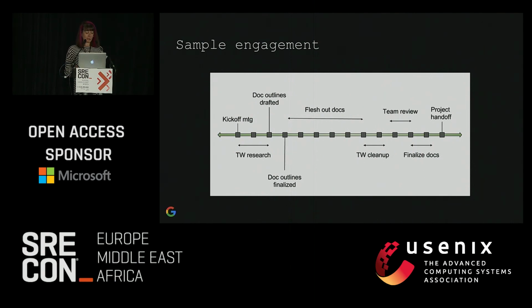Then there's the actual writing of the docs, and that's usually a collaboration between the tech writer and the engineers that I'm working with. Then there'll be a cleanup phase of the draft docs, review and feedback from the team, a final round of polish on the part of the writer, and then project handoff, complete with a maintenance plan for the team.